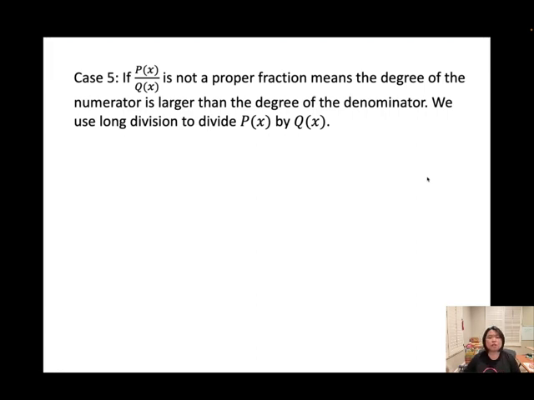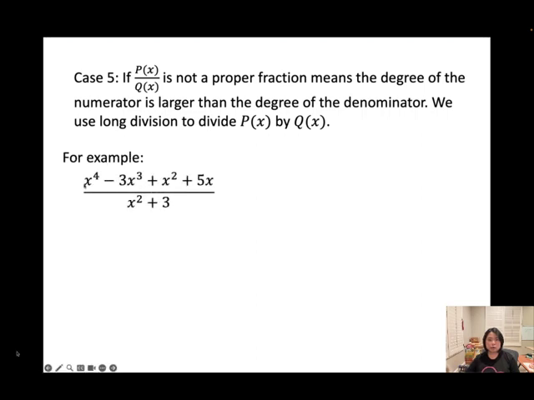Okay, case 5. If P(x) over Q(x) is not a proper fraction, meaning the degree of the numerator is larger than the degree of the denominator, we use long division to divide P(x) by Q(x). Like this example, you can see the degree of the numerator is larger than the degree of the denominator.